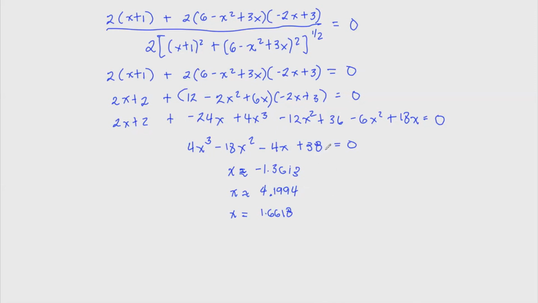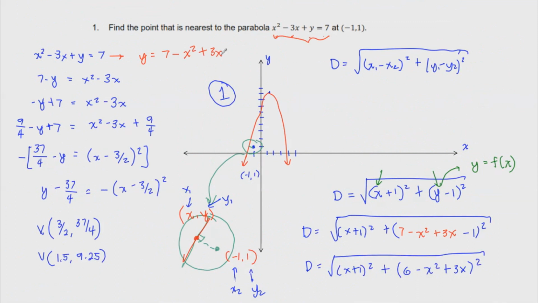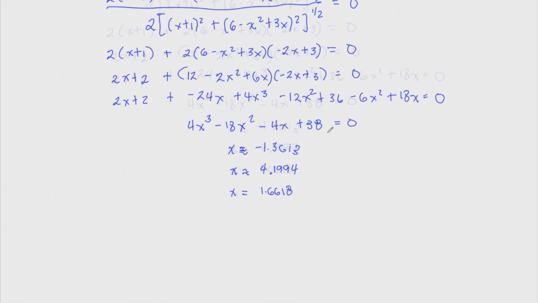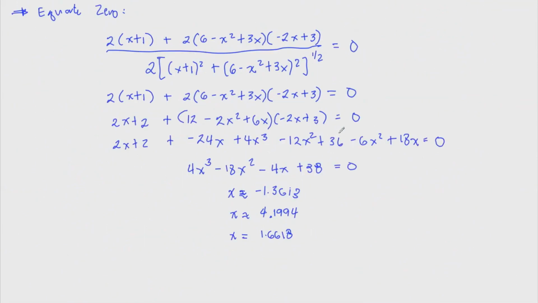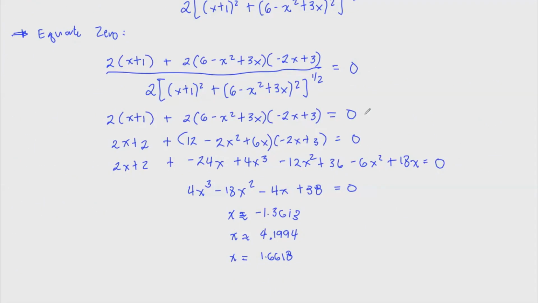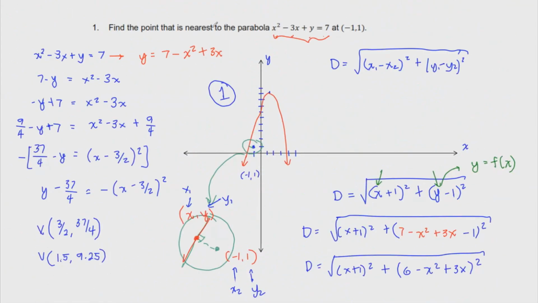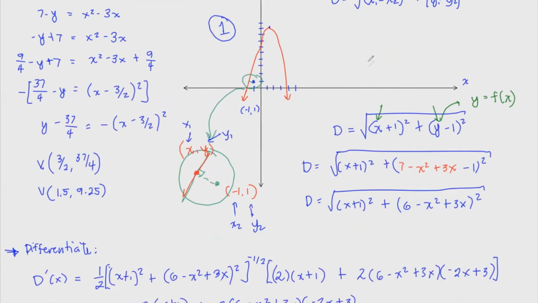And then, remember what we did in our extrema of a function is we need to check this on the number line. But there is one way to check this without doing that number line. Because we know that we need to find the nearest point at the parabola, we can just substitute that to our distance.